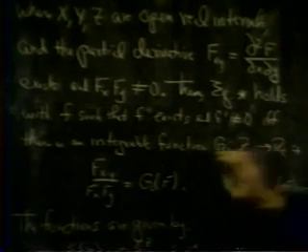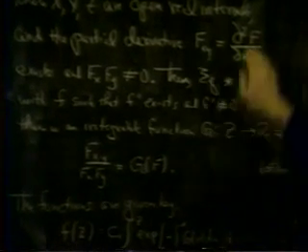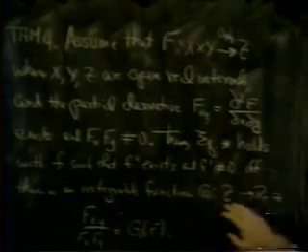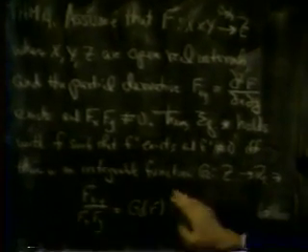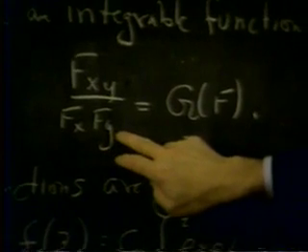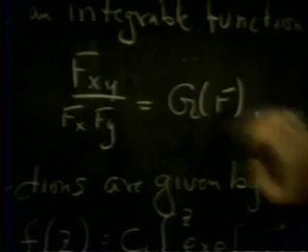That holds if and only if there's an integrable function g that maps the interval z, the image of f, into the reals, such that the second partial of f divided by the product of the two first partials is a function only of f itself.